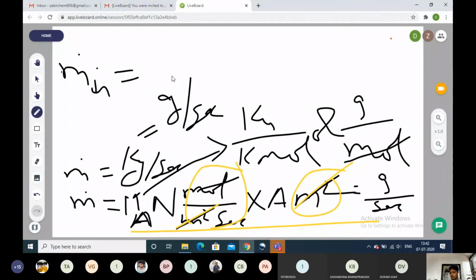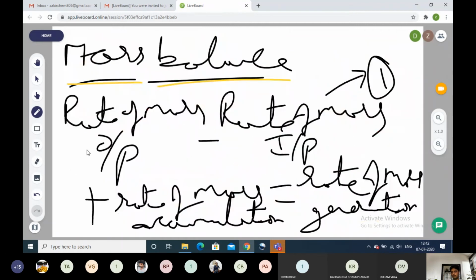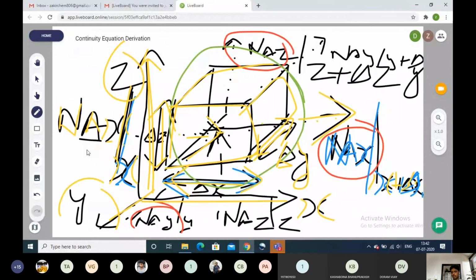So this is the unit for the rate of mass. Overall, we have written m dot is equal to M into N into A. Now we will expand this for a component. For m dot going inside, we have taken the origin, only the x component here.